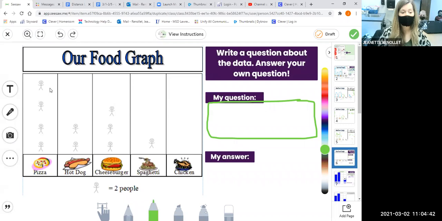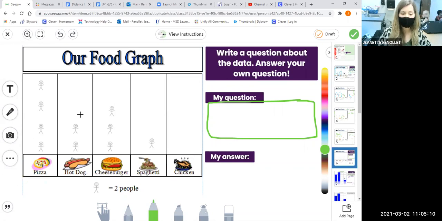Looking for a 3rd grader who can share out a question you can ask about the graph. Day, go ahead. Okay, Day thought of the question, how many people like pizza and chicken?